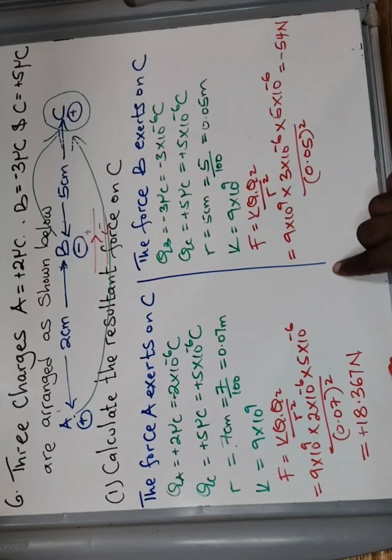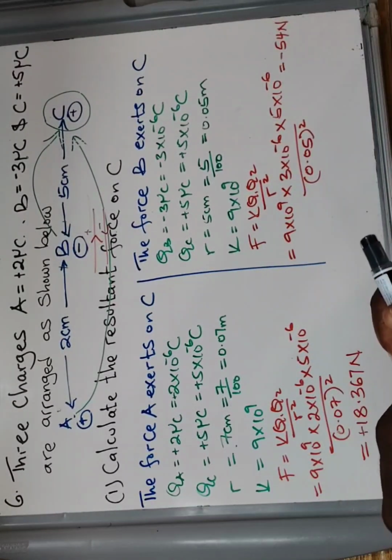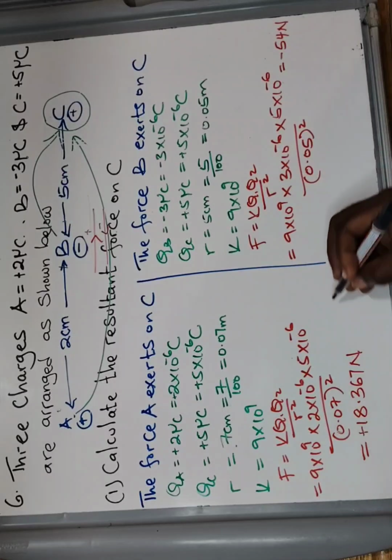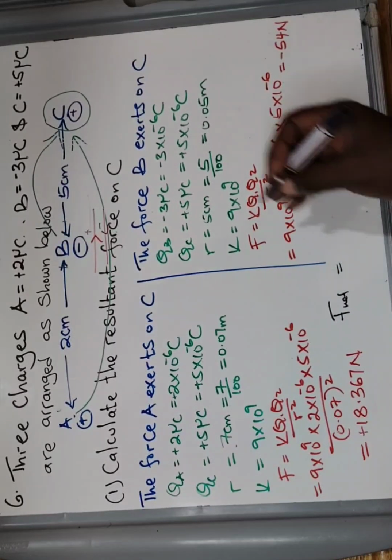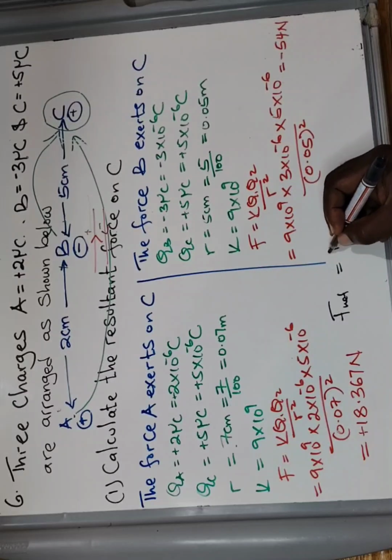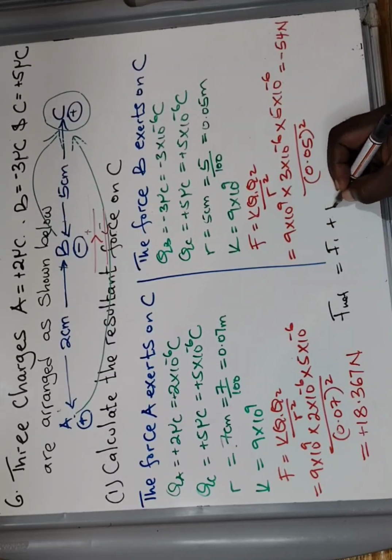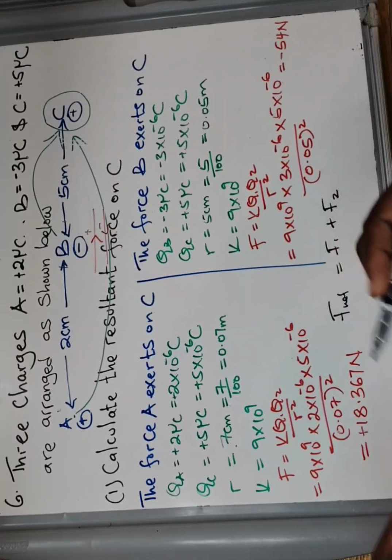So next part, what do we do? You have to quote our formula for Fnet. Fnet is the algebraic sum of the forces. So it's going to be F1 plus F2. Okay. So what is our F1?